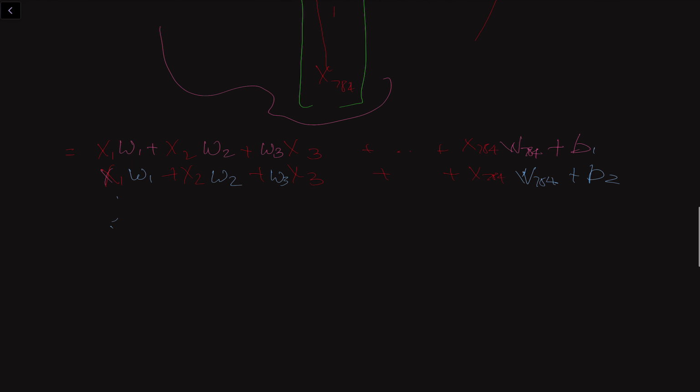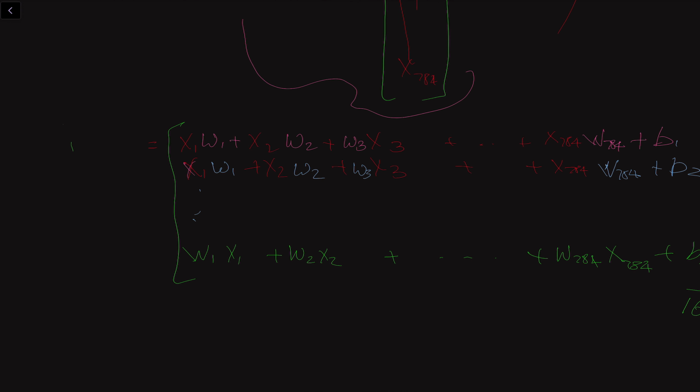It'll have 16 terms, and the last one will be with green, right? W1 X1 plus W2 X2 and so on plus W784 X784 plus B16, okay? This is a 16x1 matrix.